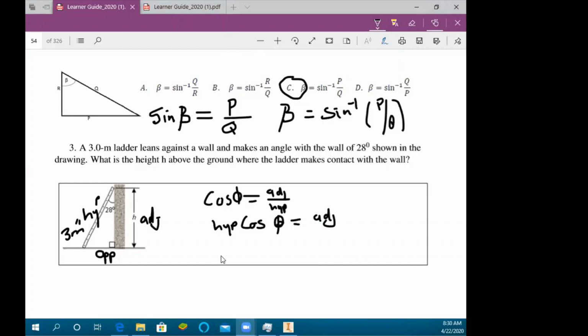Okay. So now I substitute my hypotenuse, 3 cos the angle is 28, right? Yes. I get my adjacent. Let's just punch that into the calculator and see what we get.